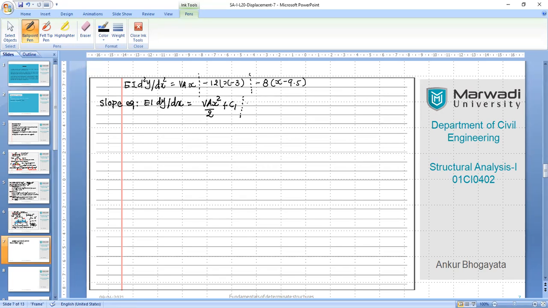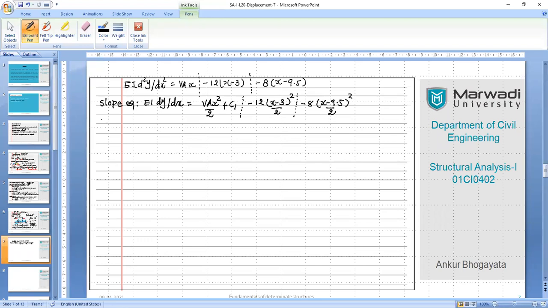Then minus 12 (x minus 3)² divided by 2. Do not integrate it as x² minus 3x. That is the condition of Macaulay's method, and we cannot do any alternate solution for that. So (x minus 9.5)² divided by 2. That is our slope equation.